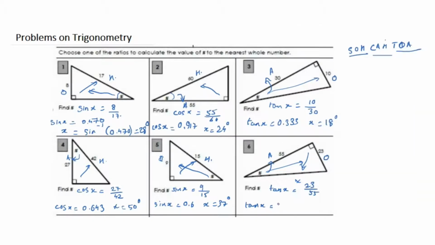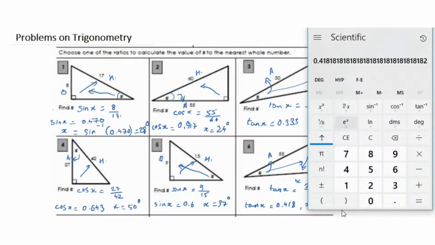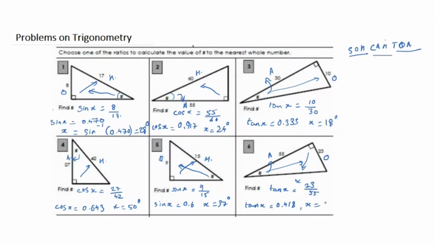That's going to be 0.4181818. So I'm just going to take 0.418. That means the value of x will be the tan inverse of this number. So I again come to our calculator, take the number, click on tan inverse, I get 22.69, or we can say that x is equal to 23 degrees.